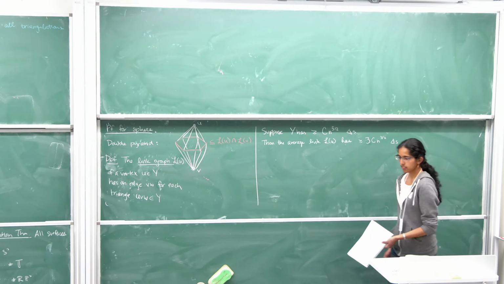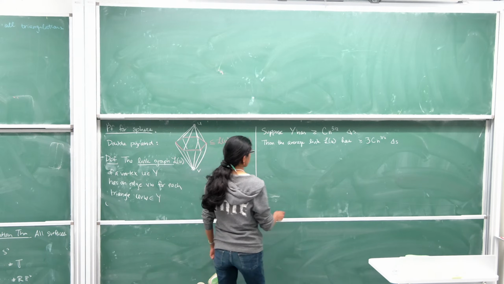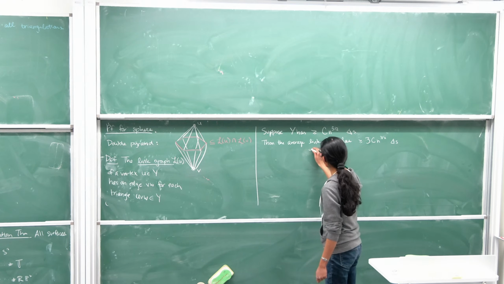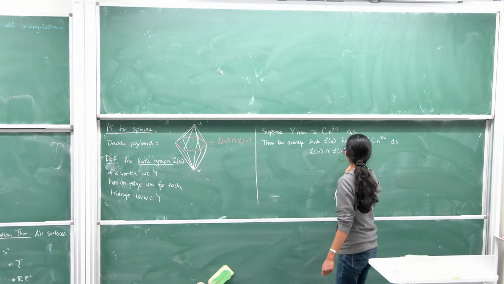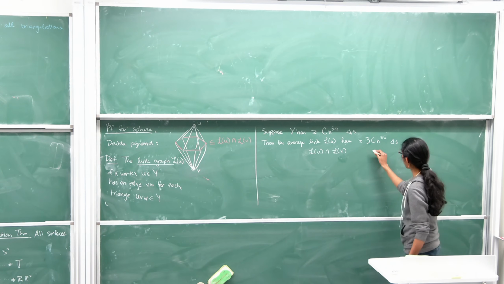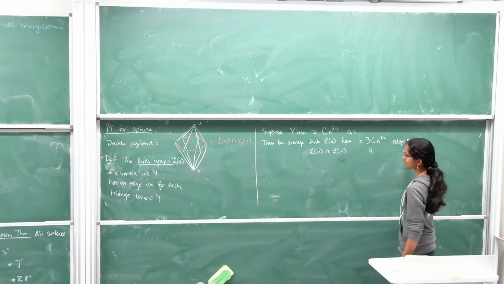And then if things looked random, then the average intersection L of U intersect L of V, sorry, these should be edges, my bad.